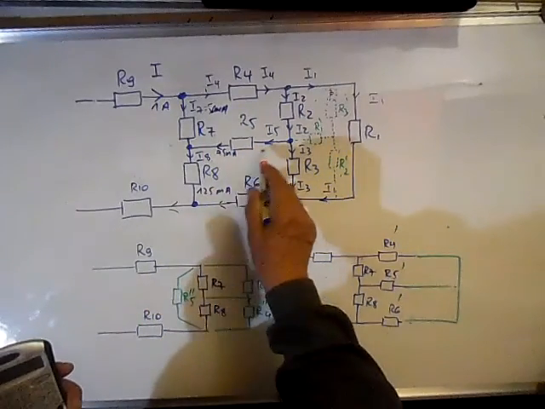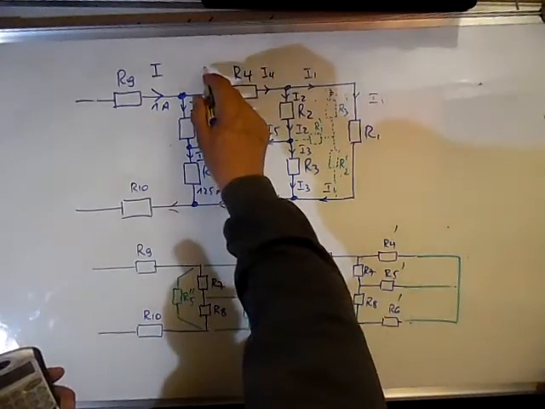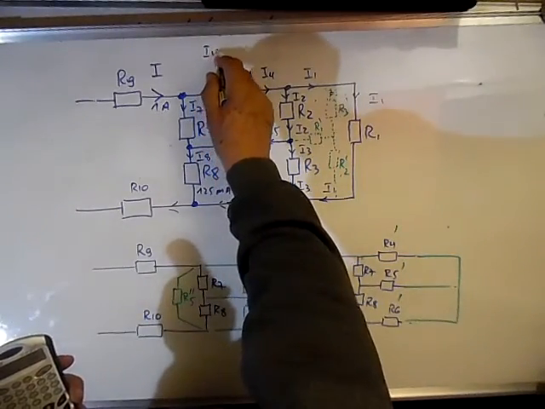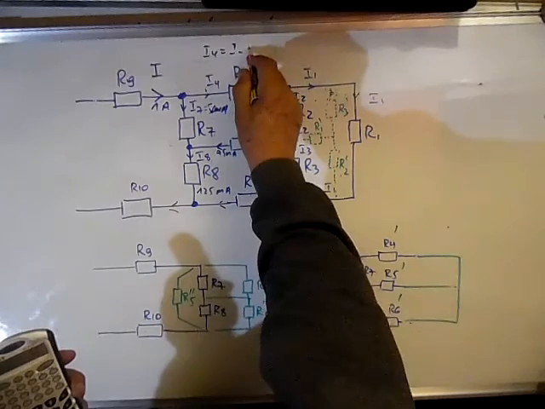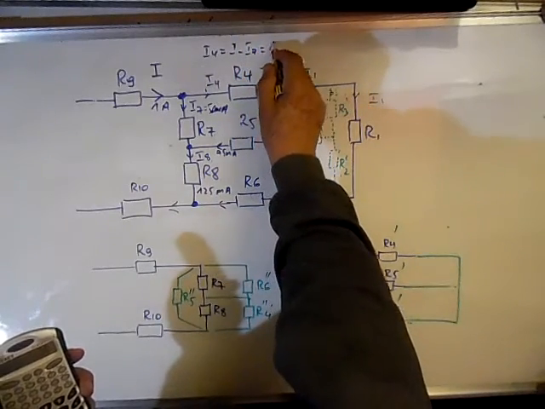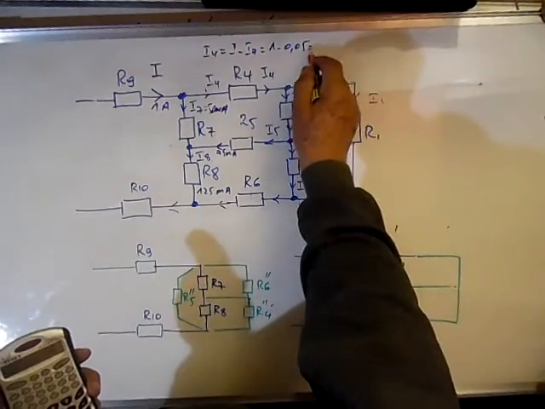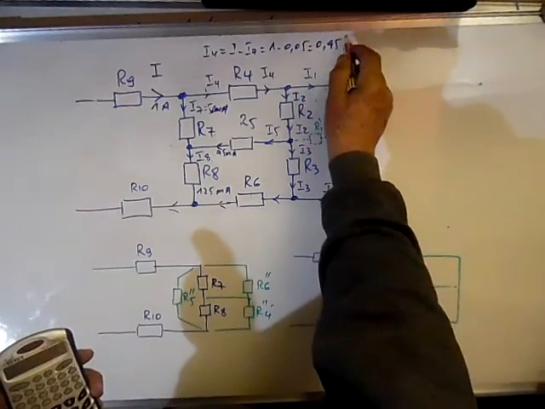Once we know this current, we can also calculate I4, which is equal to I minus I7, and this is 1 amp minus 0.05, and this is 0.95 amp.